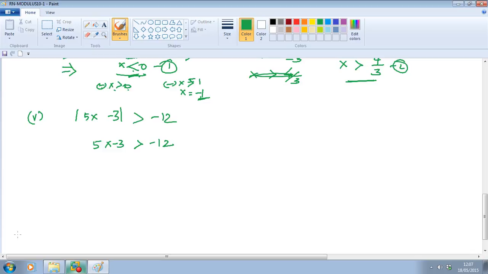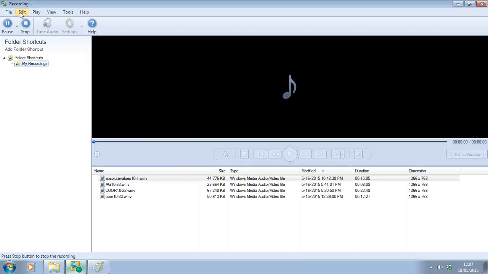When 5x minus 3 is greater than minus 12, what is the next step? 5x is greater than, you add 3 on both sides, minus 9, or x is greater than minus 9 by 5.